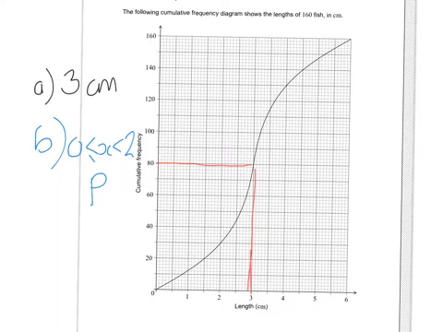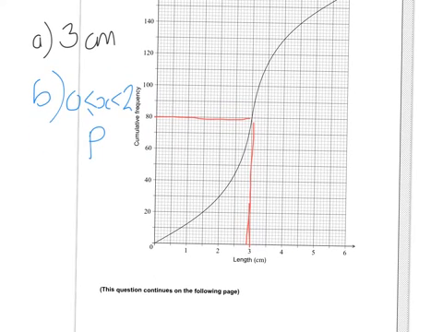Write down the value of P, which means you shouldn't really need to do much calculation, because if we're talking between 0 and 2 centimetres, well, there's the fish that are between 0 and 2 centimetres. And if I could get that a little bit more accurate on my iPad, you would, I'm sure, agree with me that P is 30. There are 30 fish between 0 and 2.